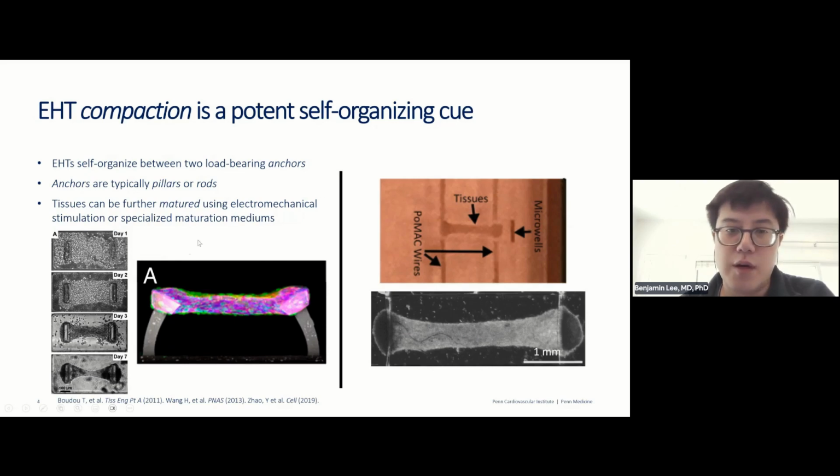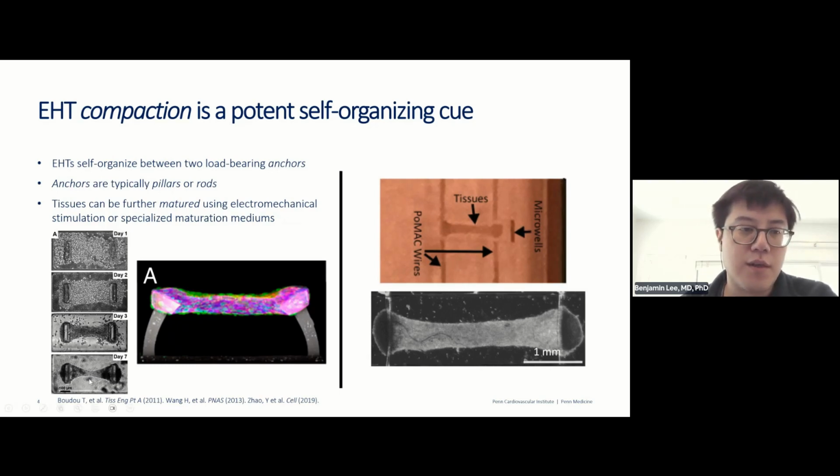And so the one underlying concept behind many of the engineered tissue models that exist is this concept of compaction. And in many such models, including models that our lab has used, as well as many others, what the tissues and the cells rely on is self-compaction within a gel. So you would mix iPS-derived cardiomyocytes, typically with fibroblasts, in a collagenous gel.